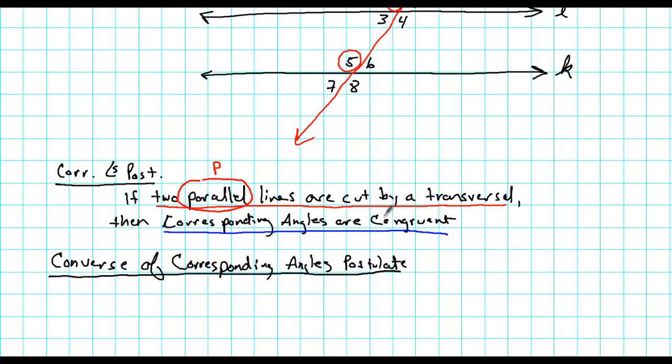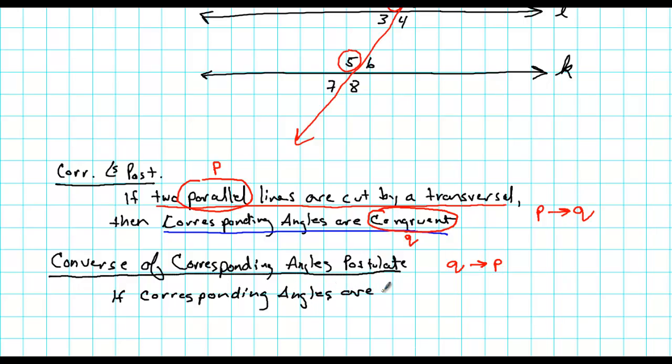That's my P. And the fact that the angles are congruent, that's my Q. All the words that fill in here make it readable, but really all we're saying for the corresponding angles postulate is that P implies Q. So our converse needs to say Q implies P. So I'm going to write: if corresponding angles are congruent, then what?